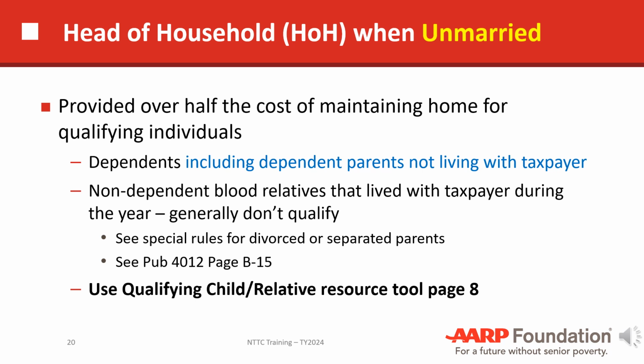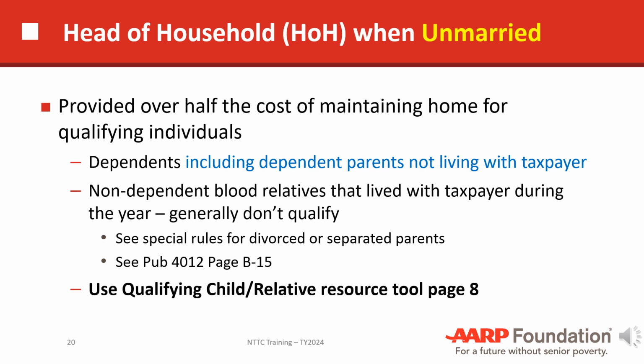However, there are some situations where they might, and the best thing for you to do is to consult your qualifying child, qualifying relative resource tool. Go to page 8 for filing status and go through that filing status chart to determine whether someone would qualify for head of household filing status.